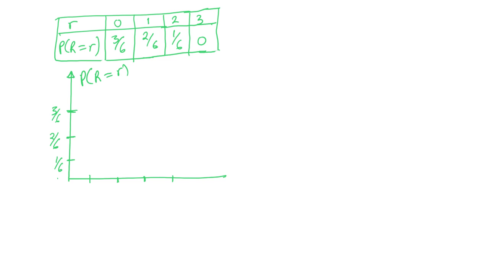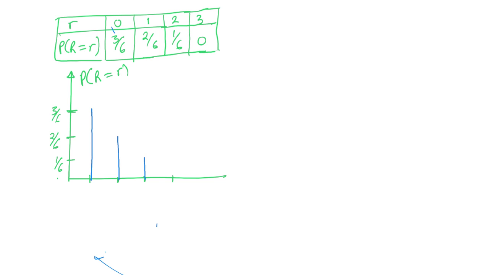So what are the probabilities? Let me change the color so you can see what I'm trying to draw. For 0, the value is 3 out of 6. Then 2 over 6 for 1. And then for 2, it is 1 out of 6. Then 3 is 0.